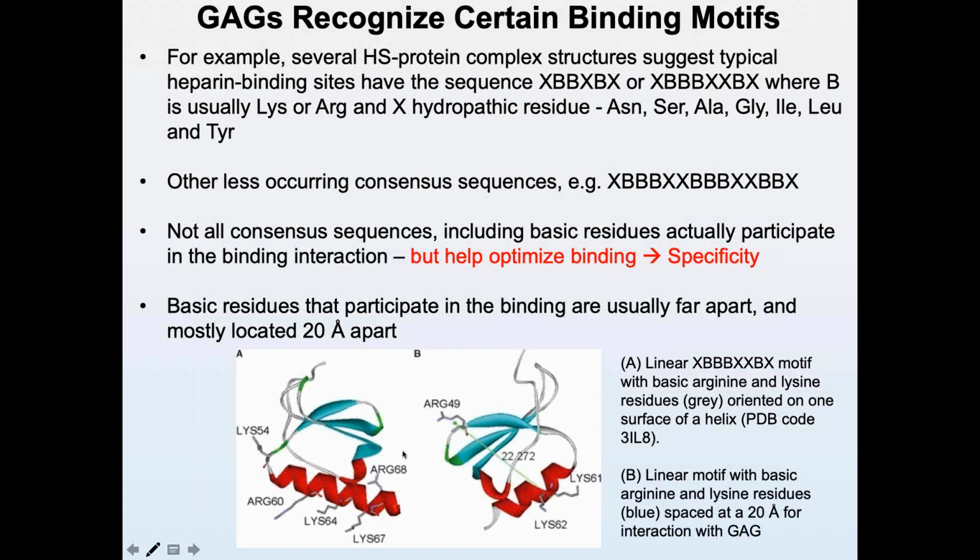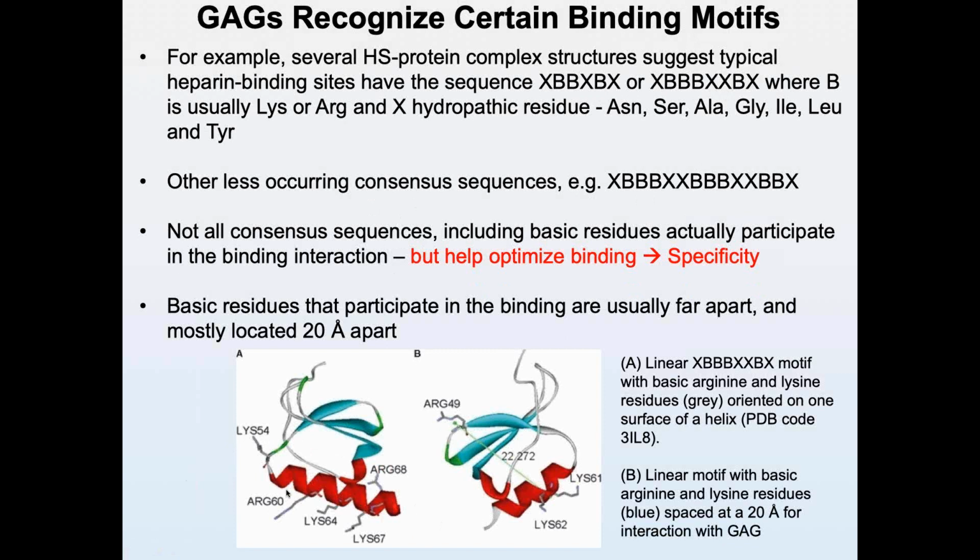Now, if you look at these motifs, even though we have 3 basic residues here, we have 4 here, and here we may have 8. Not all of these basic residues are involved in the GAG binding site. Usually, the basic residues that are involved are separated by what? 20 angstroms.